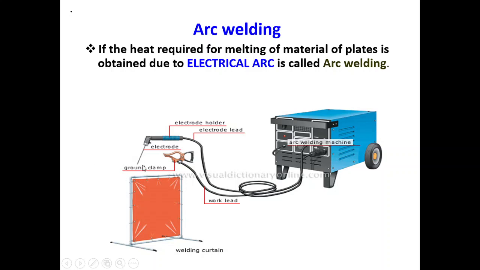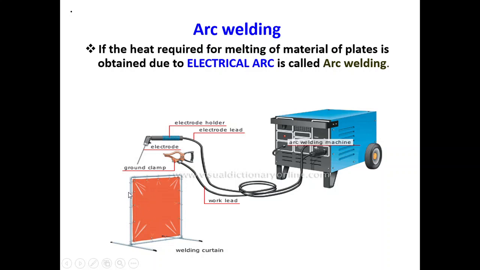A pool of molten metal, consisting of the base metals and filler material, is found near the tip of the electrode. In most arc welding processes, filler material is added during the operation to increase the volume and strength of the welded joint.